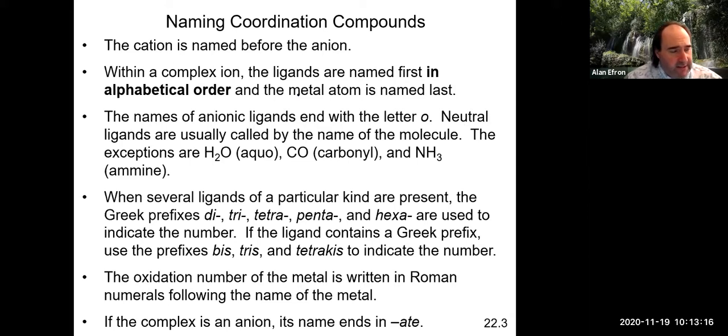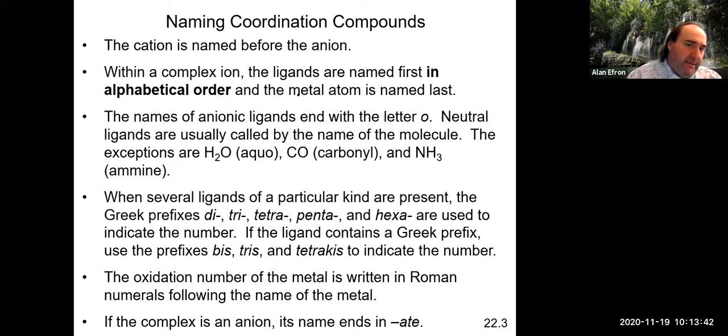Within a complex ion, so with the complex ion part of the coordination compound, we name the ligands first in alphabetical order, regardless of prefix. So if there happens to be a prefix, we don't look at that. We actually look at the first letter of the name of the ligand, and we put it in alphabetical order. We always name the metal part last.